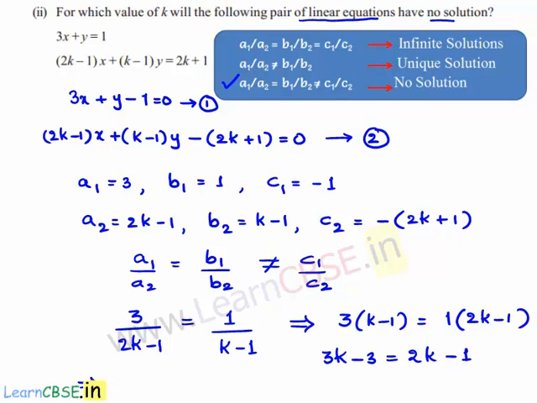This implies 3k minus 2k is equal to minus 1 plus 3, that gives k is equal to 2. So we are required to find the value of k and we obtained the value of k to be 2.